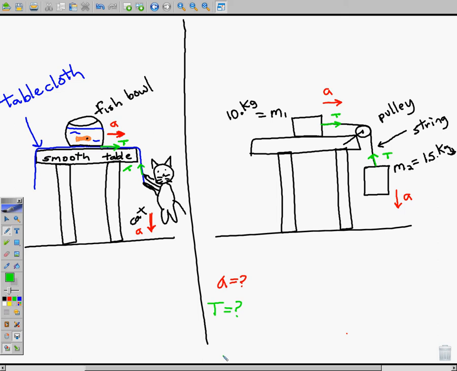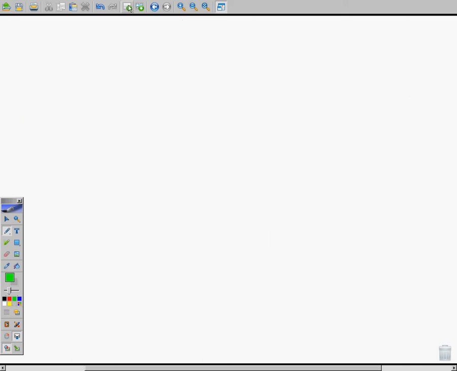Now, job number one, the plan, Stan. One, we're going to draw a free body diagram for each of the masses. And it's very common to draw that free body diagram right on the original diagram.